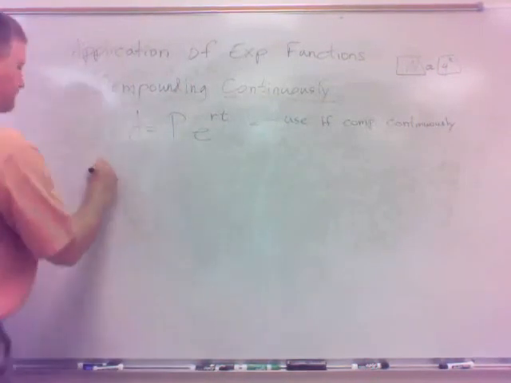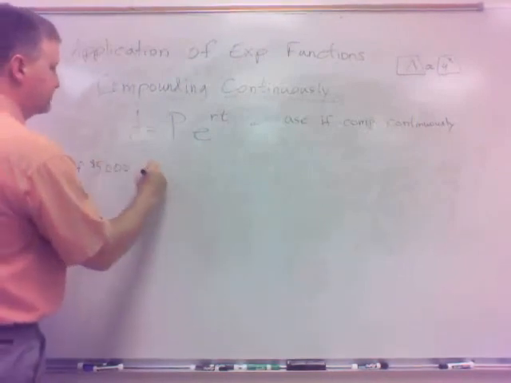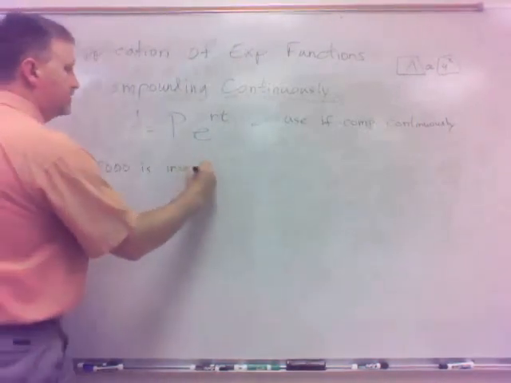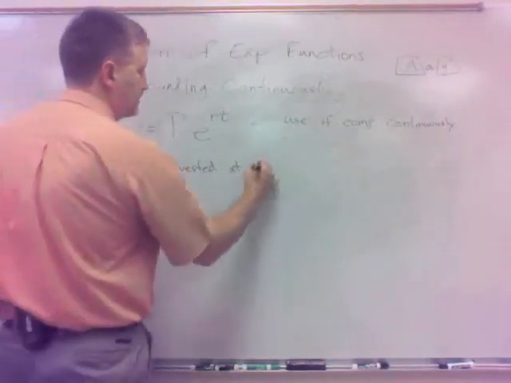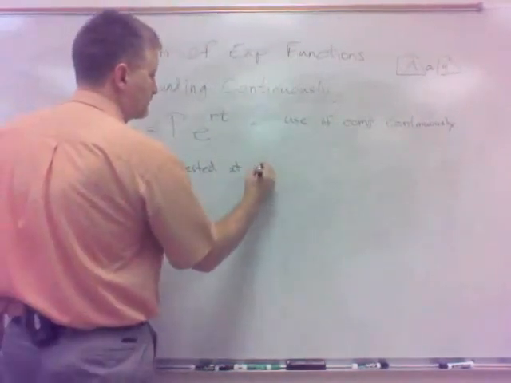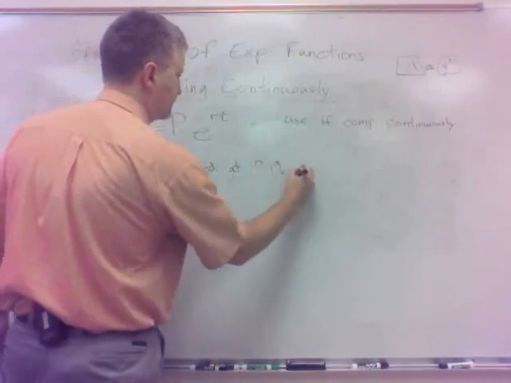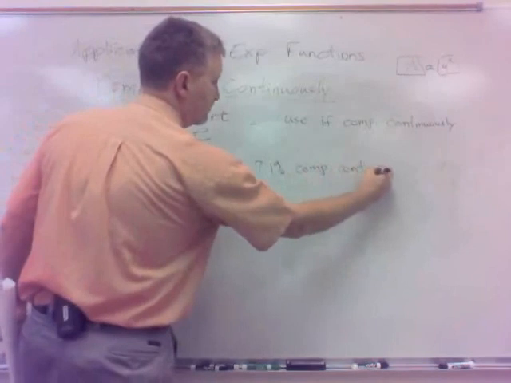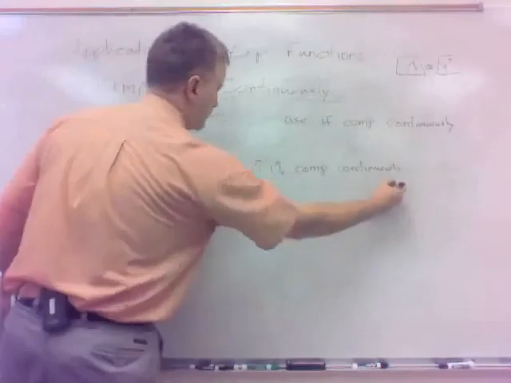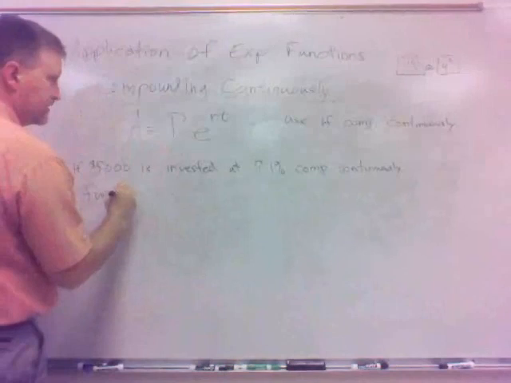So let's say we've got $5,000. $5,000 is invested at 7.1% compounded continuously for 20 years.